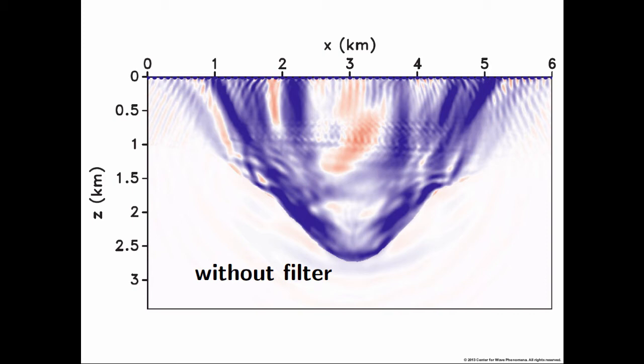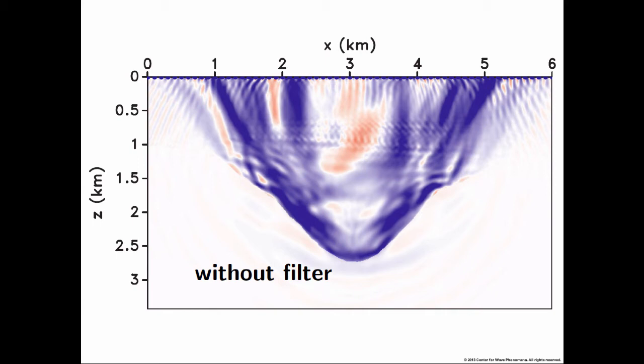So this is the gradient that you will obtain using the model with the salt flooding. Here you can see that the energy of the gradient is correctly focused in the sediment part of the model, whereas before we saw some parts that went into the salt.